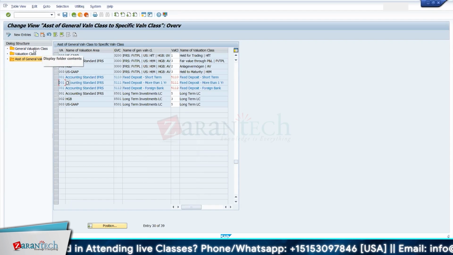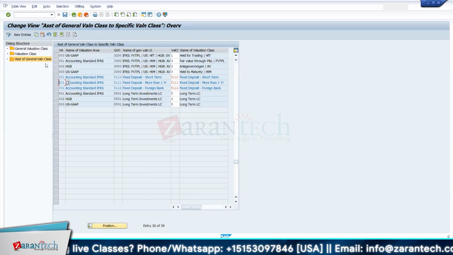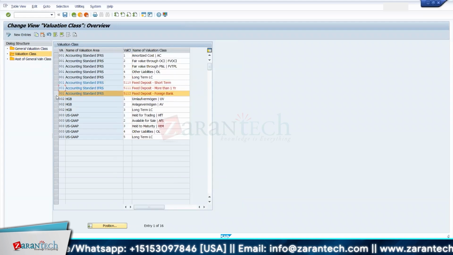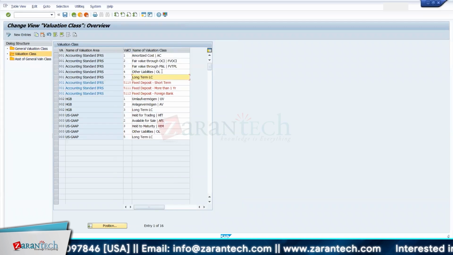Second thing, as per the Treasury, the way SAP has given the configuration, it says how you do the differentiation of different kinds of investment or borrowings. Like here you can see long term, short term. So that is the valuation class, meaning how you do the valuation, whether it is short term or long term.